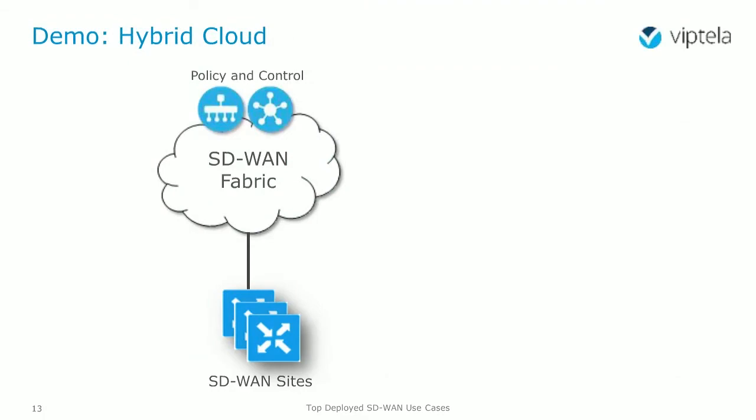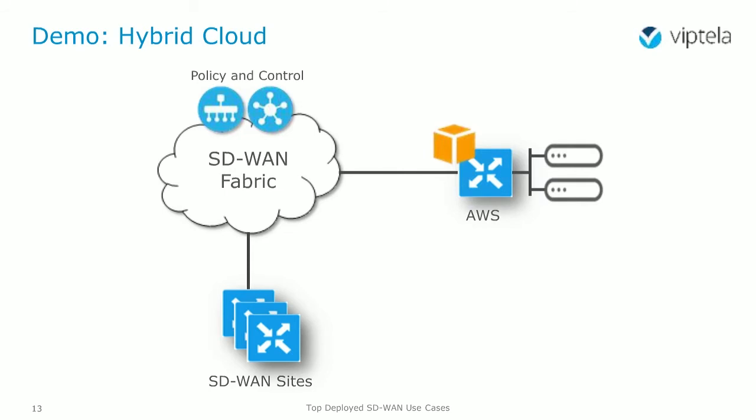Now, for our demonstration, we will consider that we have an existing SD-WAN network, and we are commissioning a vEdge cloud, which is the software instance of the Viptela vEdge SD-WAN appliance.